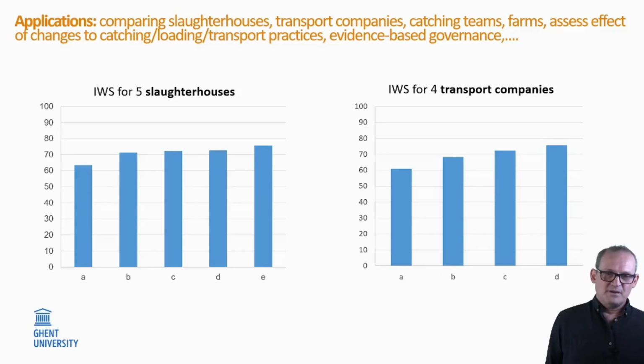Also, if you change the method of catching or transporting the animals, you can use the tool to see the effect on broiler welfare. That is information that the government, the retailers, or the broiler industry can use in order to have evidence-based governance.